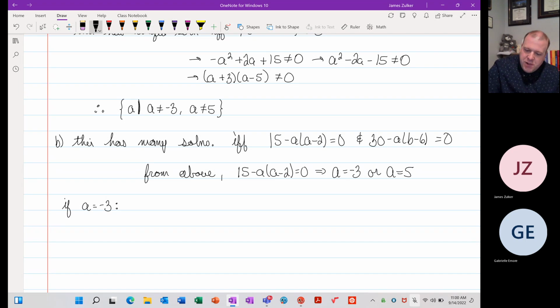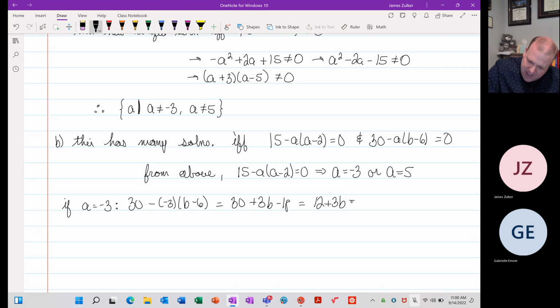If a is negative 3, just plug it back in. So we get 30 minus negative 3 times b minus 6 equals 30 plus 3b minus 18, which is 12 plus 3b, and that has to be 0. Does that mean that b would have to be negative 4?